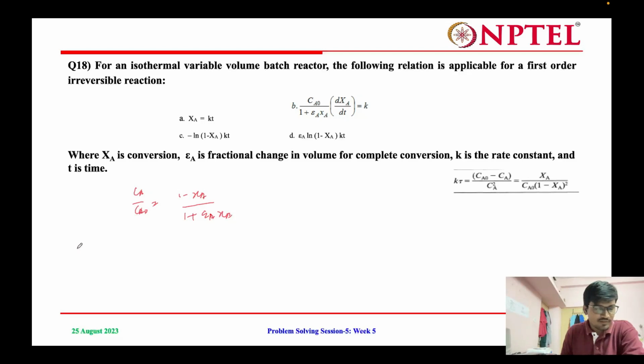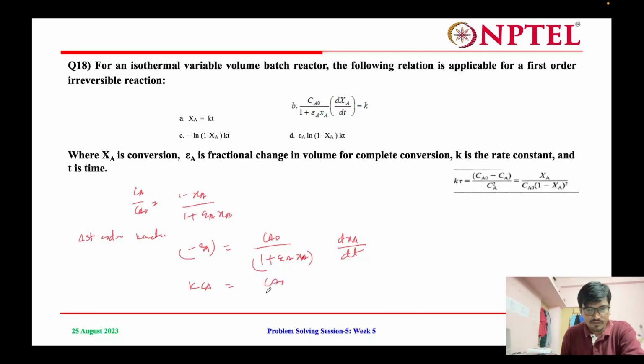Right. Now for first order kinetics, minus RA equal to C naught over (1 plus epsilon A XA) dXA by dt.